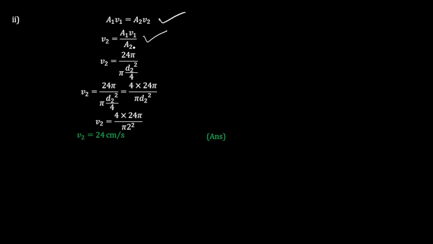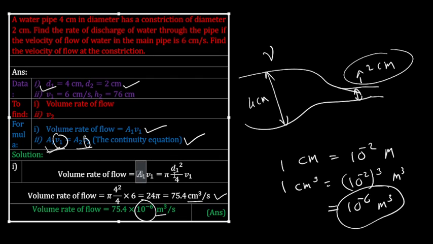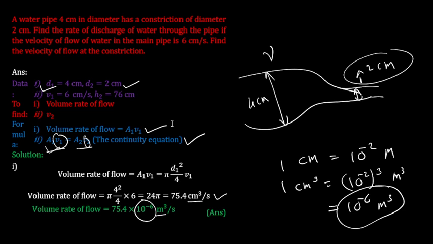We express area in terms of diameter. Only the area A2 will have to be expressed in terms of diameter because A1 V1 is already calculated in the previous part of the problem. Here A1 V1 is the volume rate of flow, 24 pi. So we directly write it there for A1 V1.